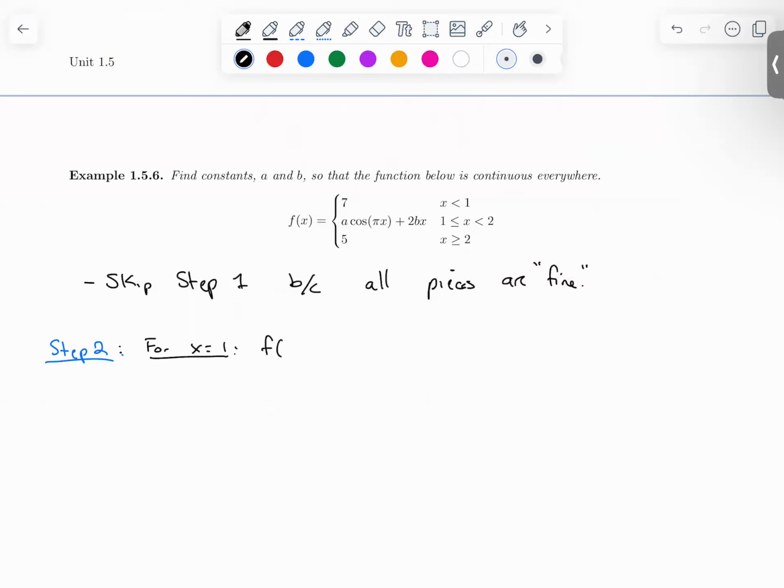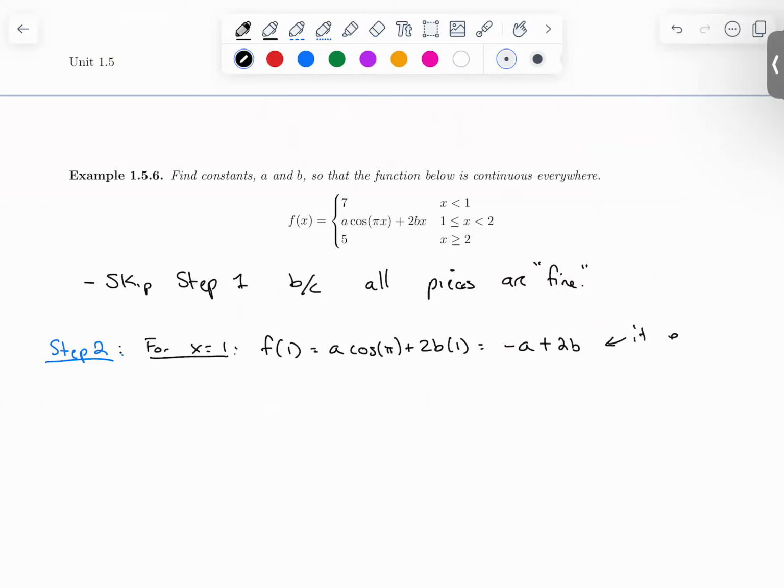F of 1 is equal to a cosine of pi plus 2b times 1. What's cosine of pi, everybody? Resounding -1. Cosine of pi is -1. You all know our trig. Good. So that's -a plus 2b.